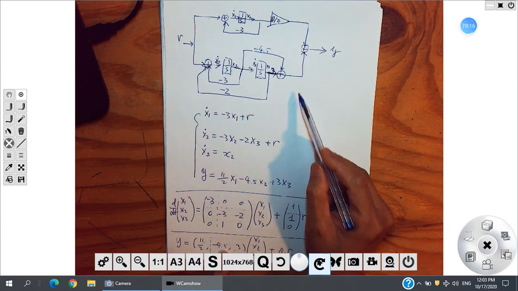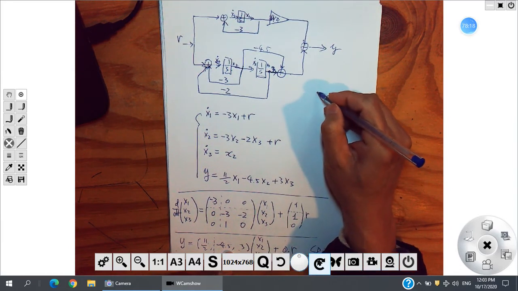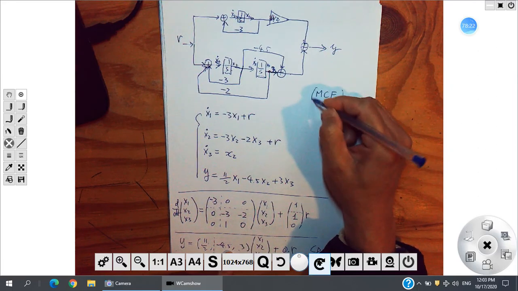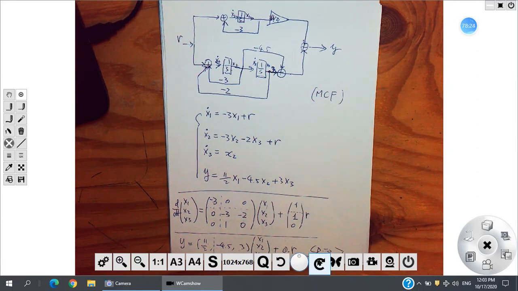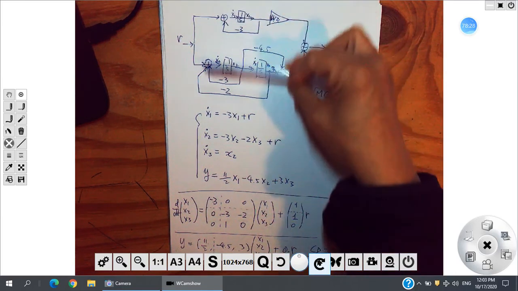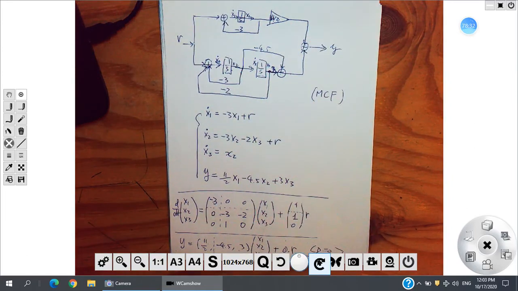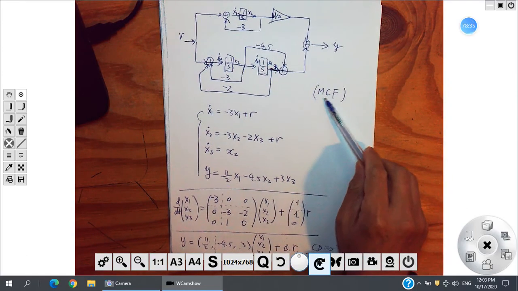Alright, so this is also a modal canonical form. So the modal canonical form is not unique. You can choose different ways to separate the system as a parallel combination of some subsystems. Then you can have different MCF.